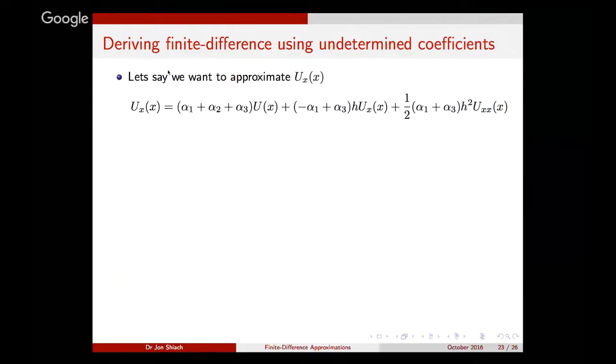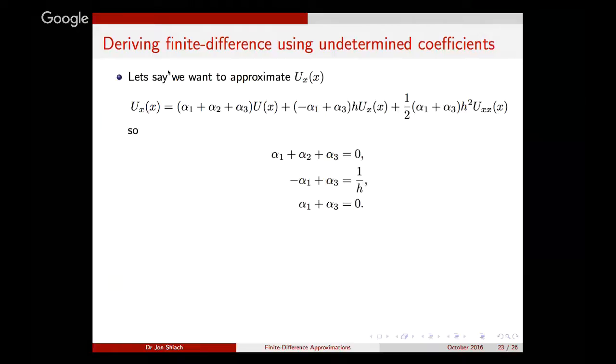Okay, so let's say we want to approximate the first derivative of u. The way to do that is the first term goes to 0. That means alpha 1 plus alpha 2 plus alpha 3 should be equal to 0. I want the coefficient of the first order derivative to be 1. So I want minus alpha 1 plus alpha 3 times h to be equal to 1.